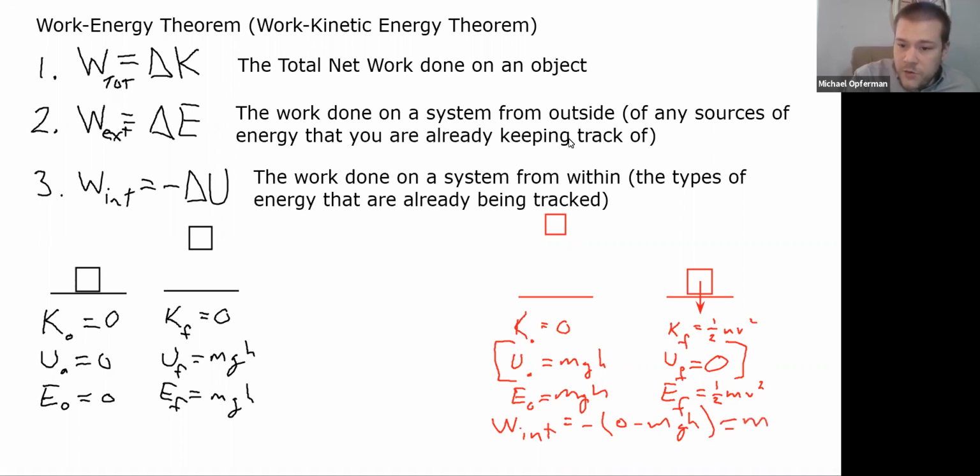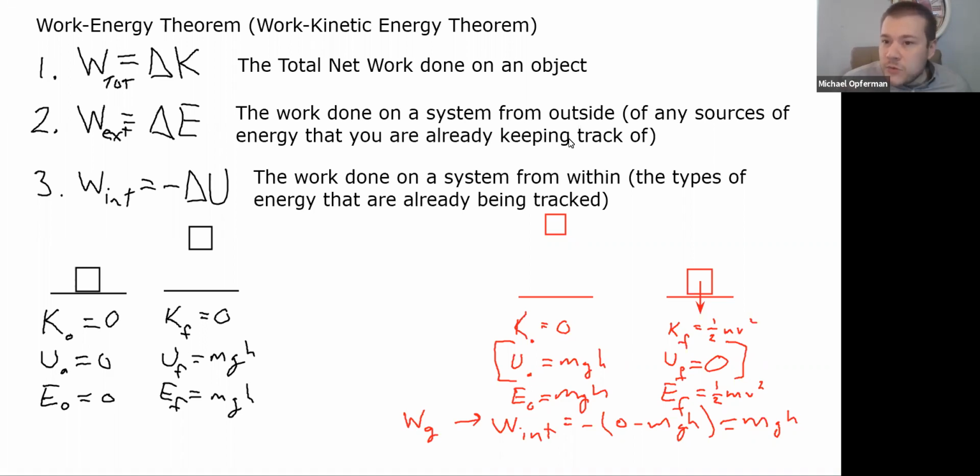So this gives you a positive internal work done. The work done on the system is positive. This represents the work done by gravity during this process. And how do I know that? I used the gravitational potential energy to calculate that.